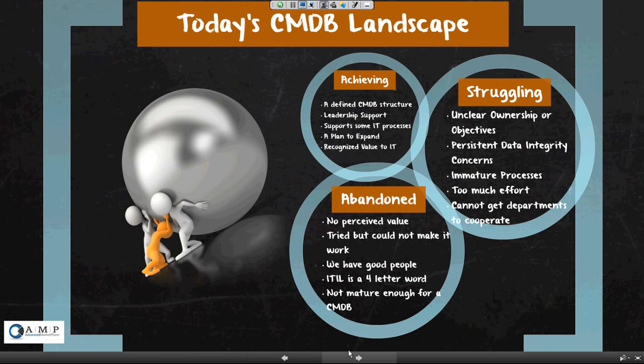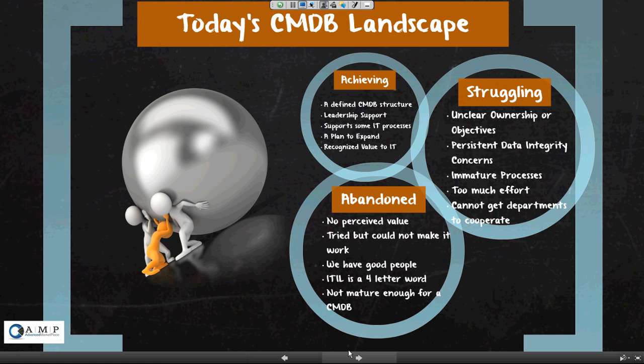So now as I walk through the presentation, the practical approach to CMDB, you'll understand where we're coming from. So with that being said, today's CMDB landscape: I try to put most of the clients that we see and people that I talk to in the industry today into three different buckets.